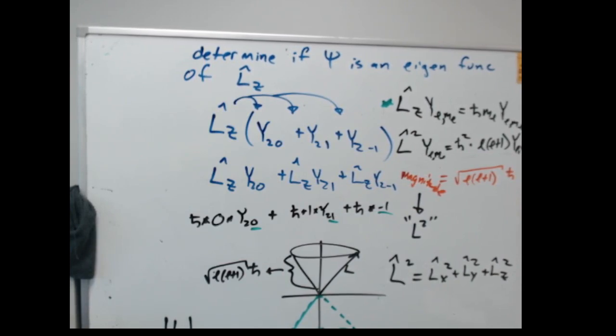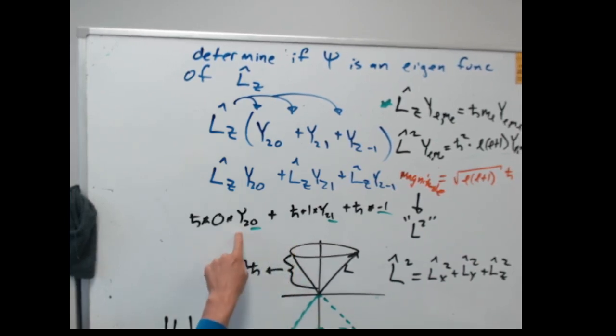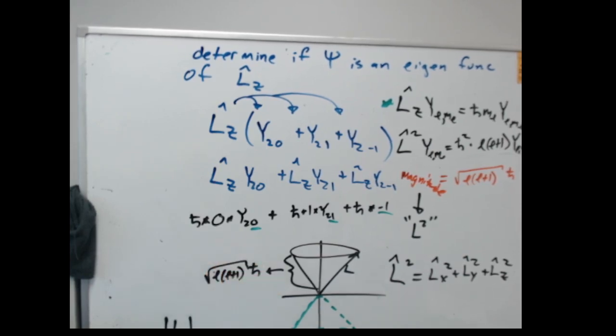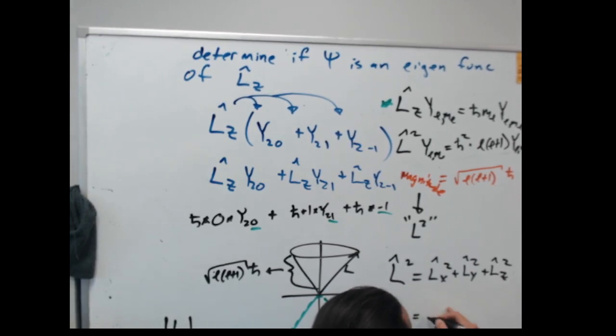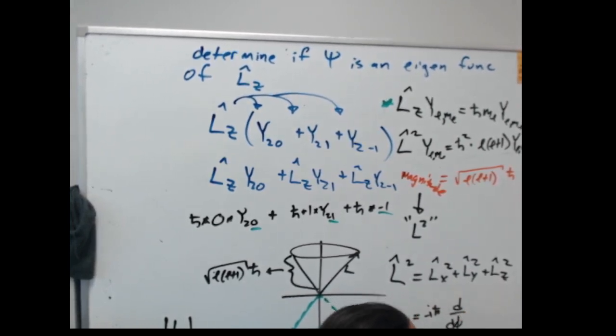Right now, I could have written another problem on the quiz and said, prove that you get m sub L for this function. And if I wanted you to prove that you get m sub L as an eigenvalue for that function, then you need to go to the definition of LZ, which is equal to negative i h bar d by d phi.